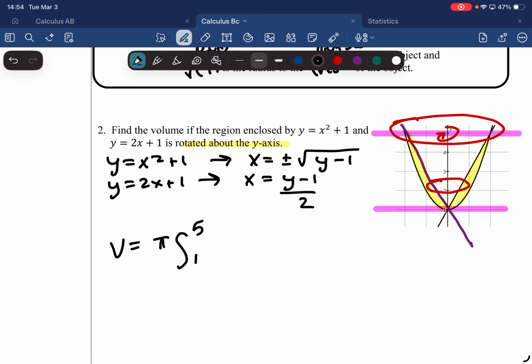But since we're squaring it, it doesn't matter if it's positive or negative, so I'm just going to write the square root of y minus 1, squared. Then I'm going to subtract the radius of the inside function, and the inside function that is closer to my circle that I drew is going to be the line. So I have minus (y minus 1) over 2, squared, dy.